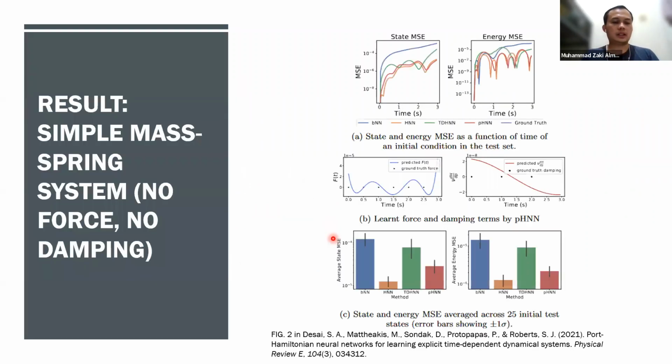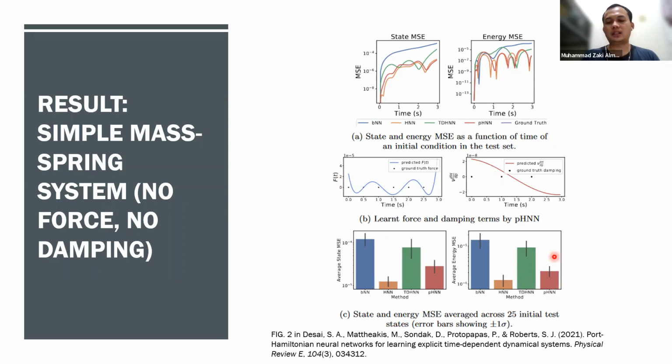And the first experiment is a very simple mass spring system. So basically, it's a classical Hamiltonian system with no force, no damping, and of course, in this case, the Hamiltonian neural network works much better than the rest. Port-Hamiltonian neural networks work a little bit worse.